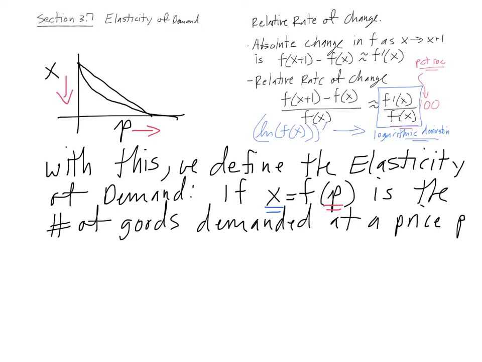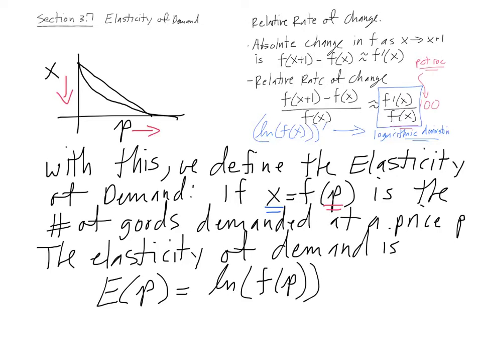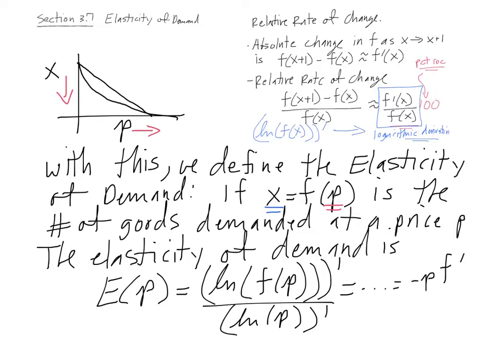Okay, the elasticity of demand, we'll call it E of p, is equal to the derivative of the ln of f of p divided by the derivative of the ln of p, which if you work this out just gives you minus p f prime of p over f of p.